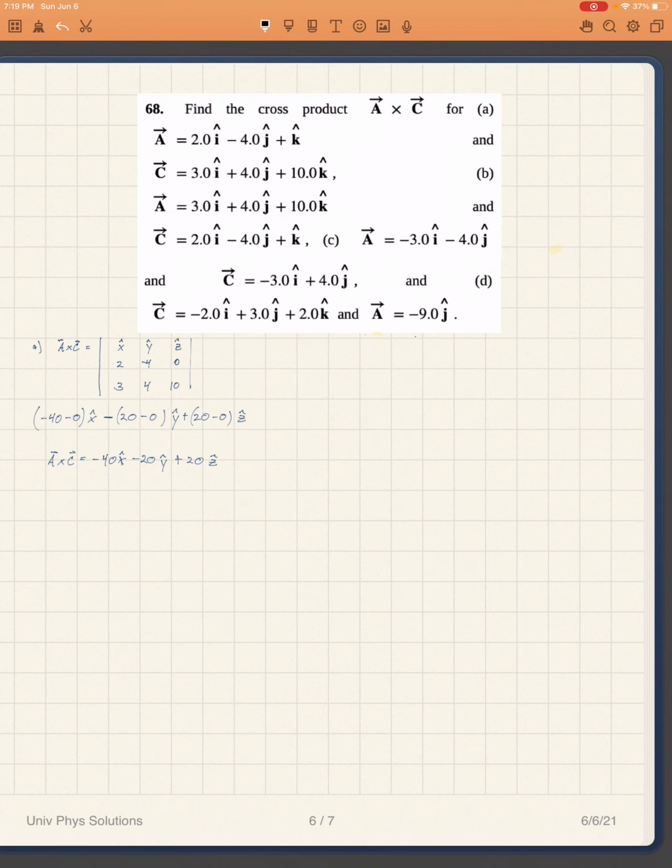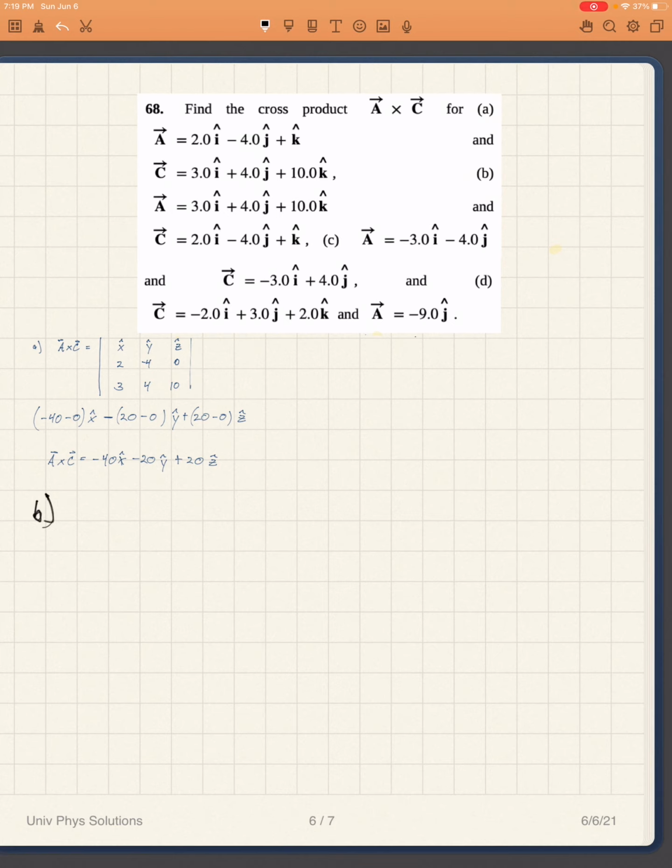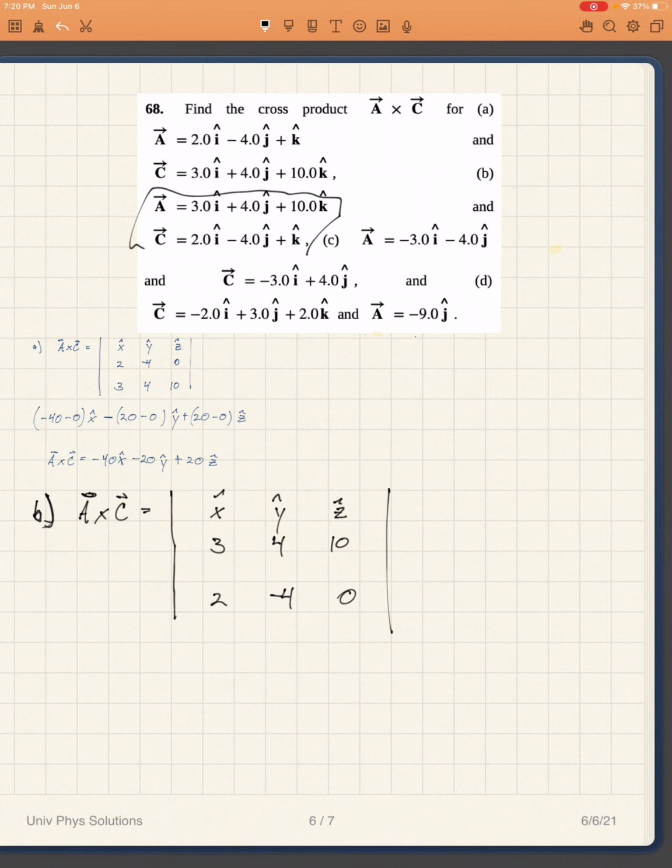Okay, now for part B, we have A cross C, where A is 3, 4, 10, and C is 2, -4, and 0. So I'm looking at these two quantities.